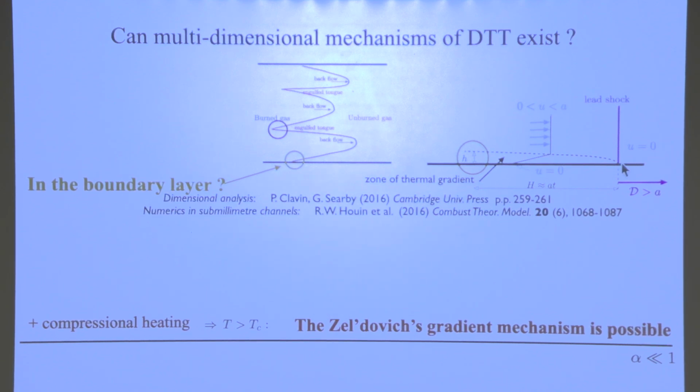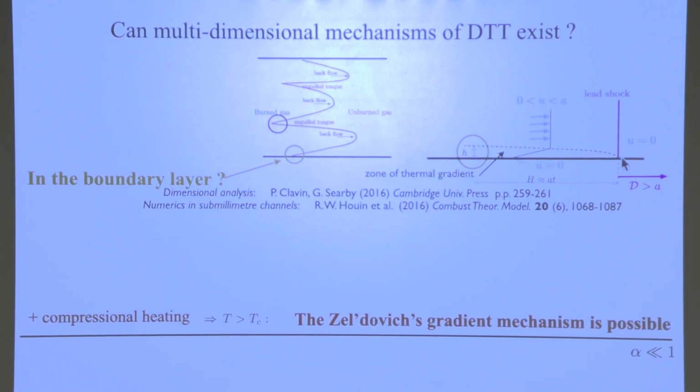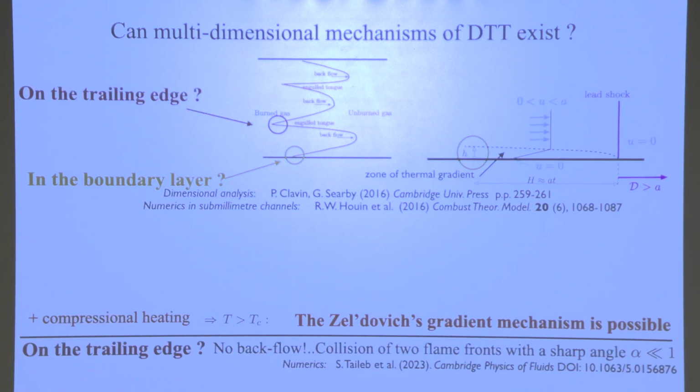So now, if you couple the compressional heating to the viscous dissipation heating, this is a guess, I think it's quite possible that a gradient at high temperature is created here, and the Zeldovich gradient mechanism becomes possible.